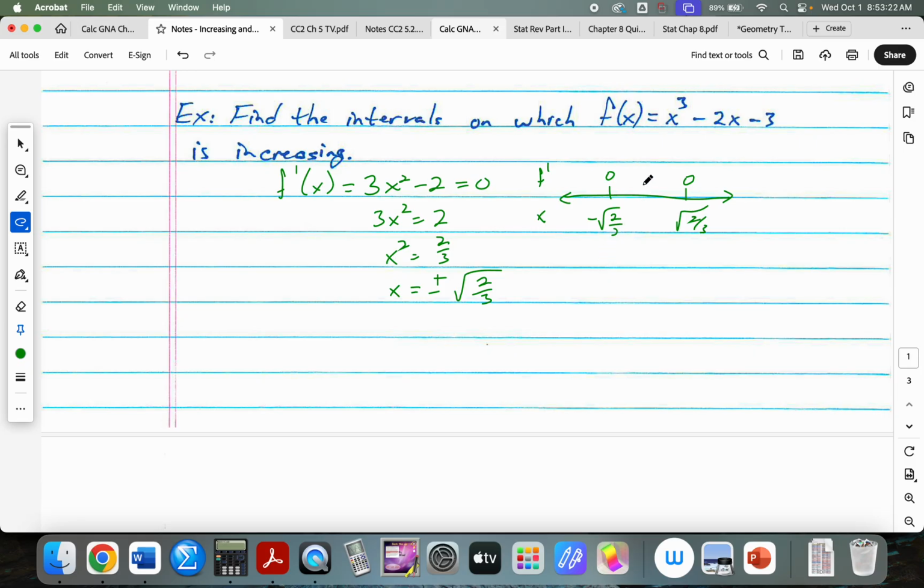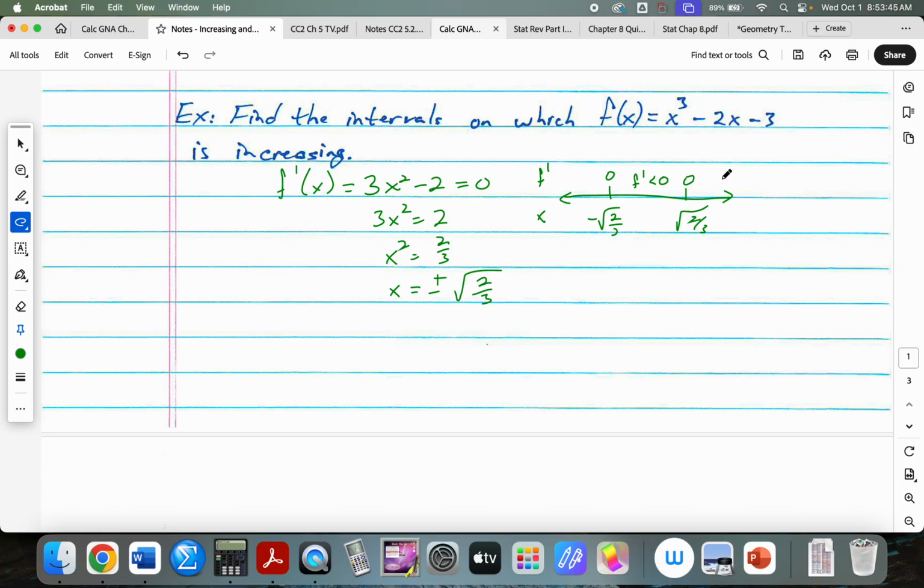So like if I start at 0, substituting into f prime at 0 is negative 2. So that means that f prime here is always going to be less than 0. The square root of 2/3, I don't know how much it is. I just know it's less than 1, right?